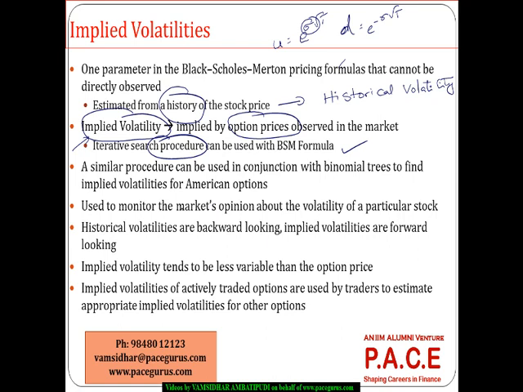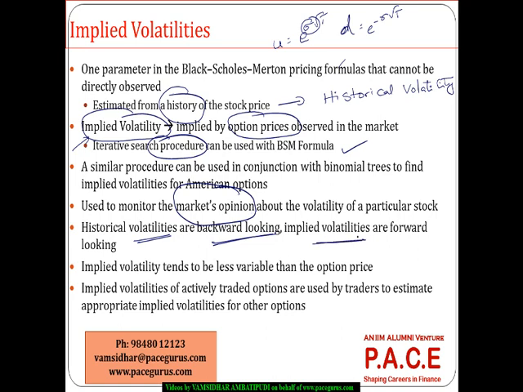So the major intention of relying on implied volatility is I am monitoring the market's opinion about the volatility. So majority of the times, if you look at the historical, I am collecting the past data, and based on that I am arriving at some estimate of the volatility, which is more and more a backward looking approach because I am using the past data to compute the volatility.